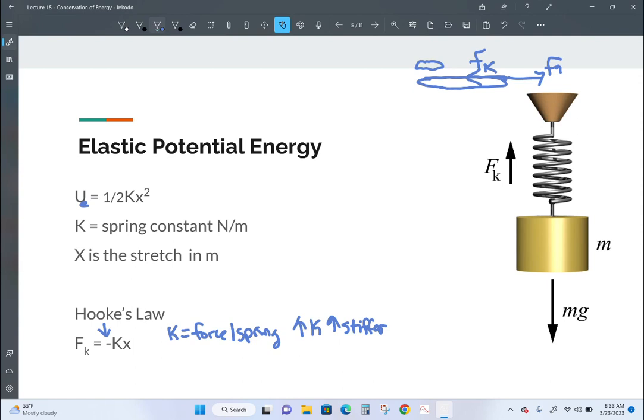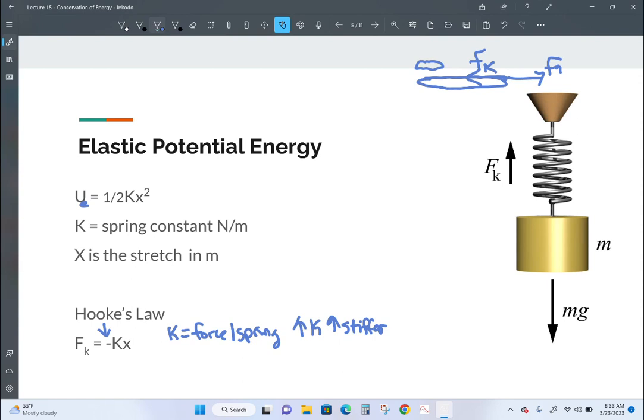Also, think about that. The more you pull that rubber band, the less you want to let go of it because it's going to hurt when it snaps back at you because it's going to gain a lot of kinetic energy. So the elastic energy is proportional to that spring constant, and it actually is proportional to the stretch squared.